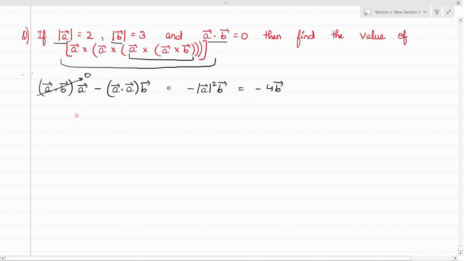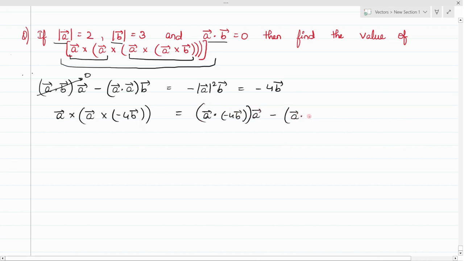Now use these two vectors also. It becomes A cross, A cross, and this whole thing is nothing but minus 4B. So again use the vector triple product formula, that is A dot minus 4B, write A as it is, minus A dot A, write minus 4B as it is. Again, this inside is nothing but A dot B, so this whole thing becomes 0.